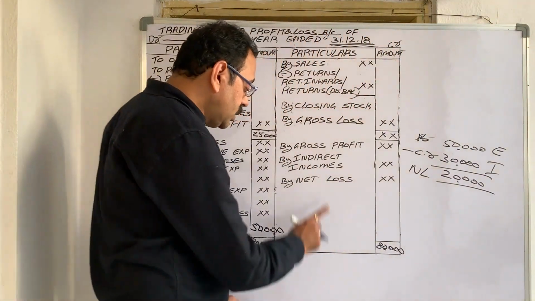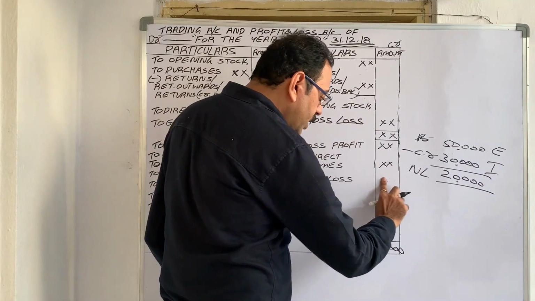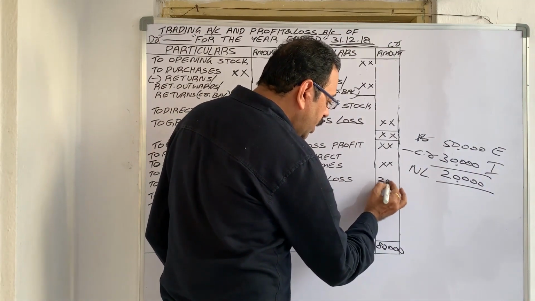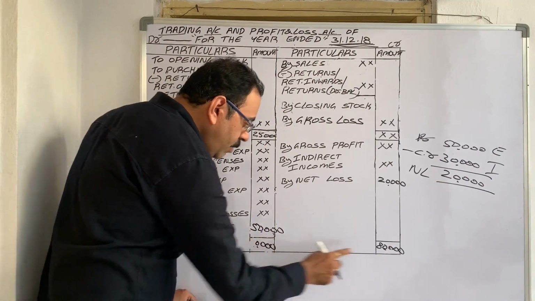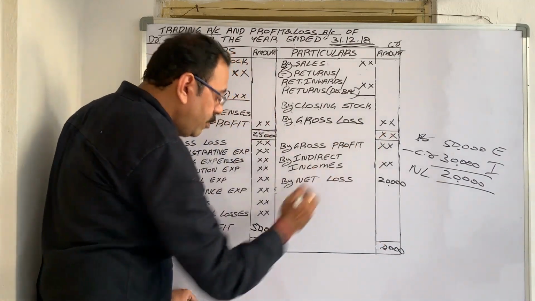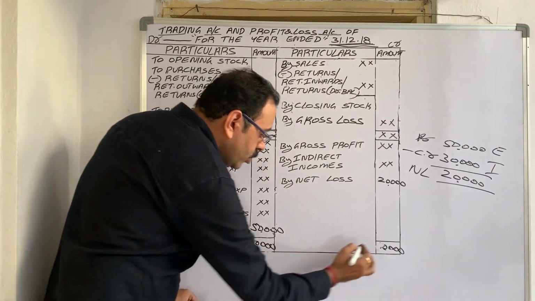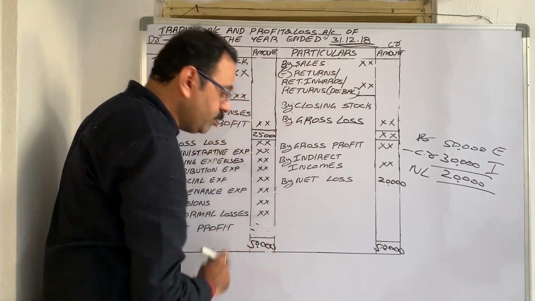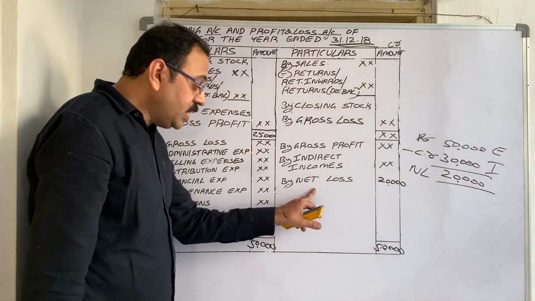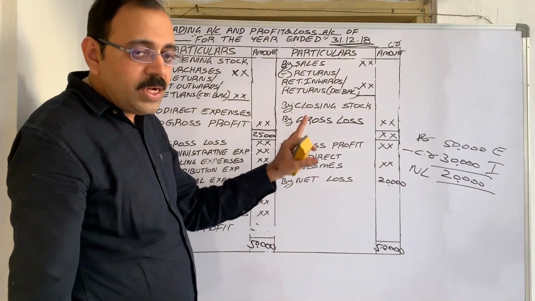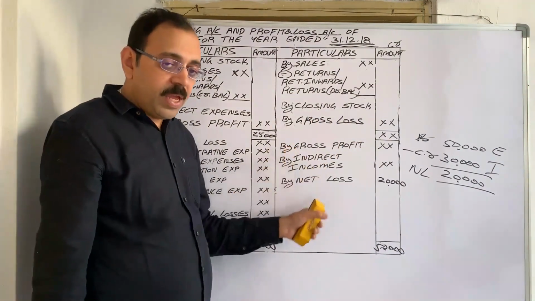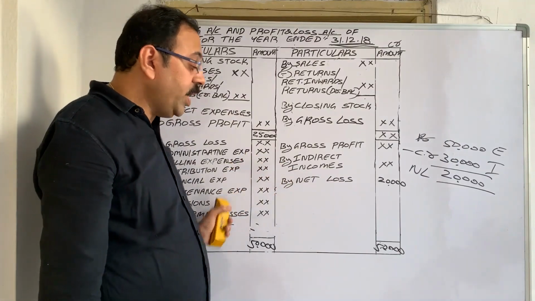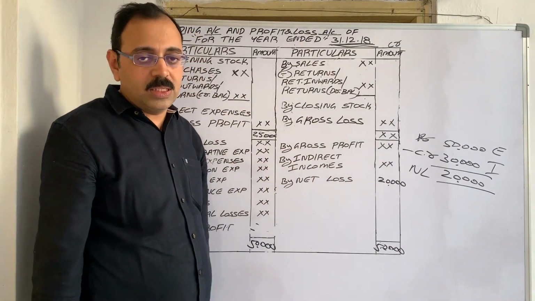In that case, credit side we have to write that net loss 20,000 and two side total will be debit total 50,000 and 50,000 rupees. If there is any net loss in balance sheet from capital, we have to deduct. So in P&L account, either net profit or net loss will be the answers.